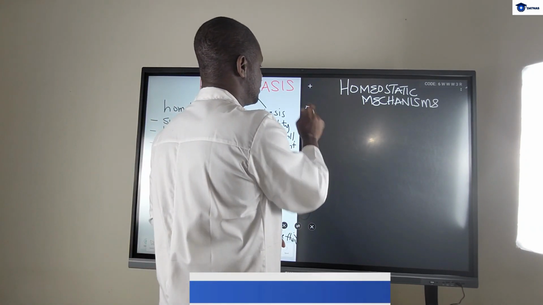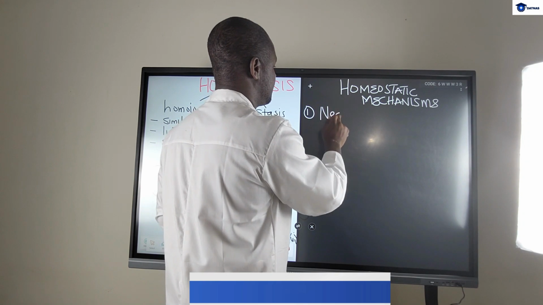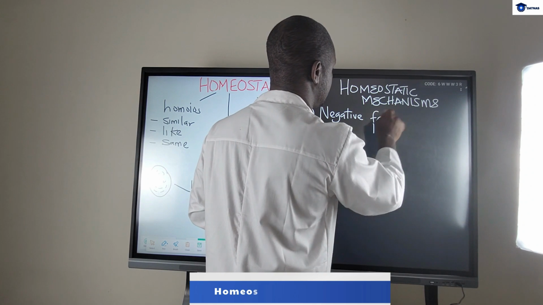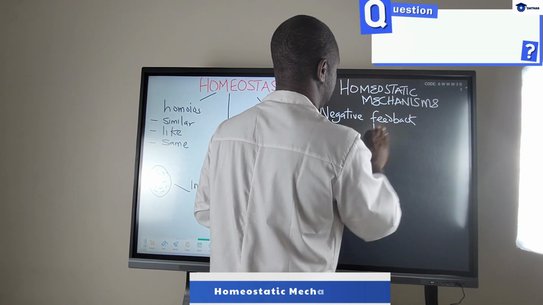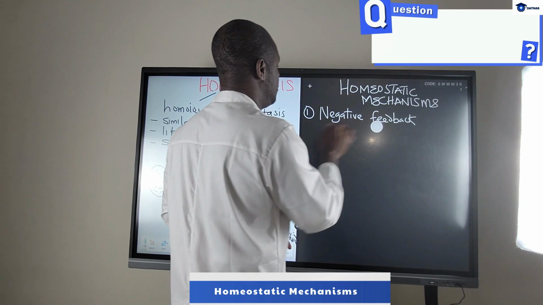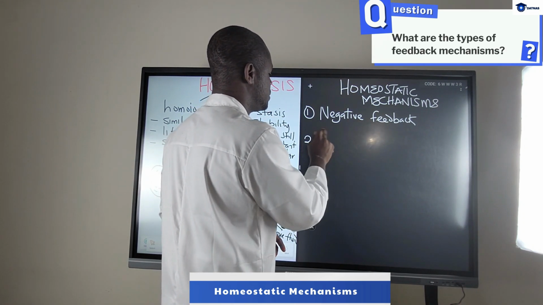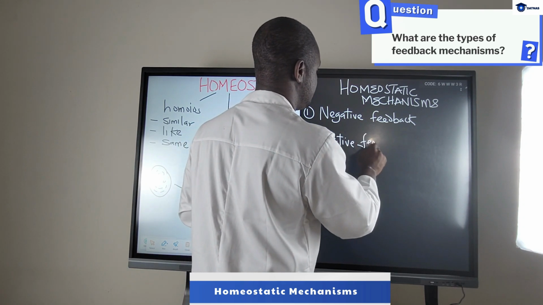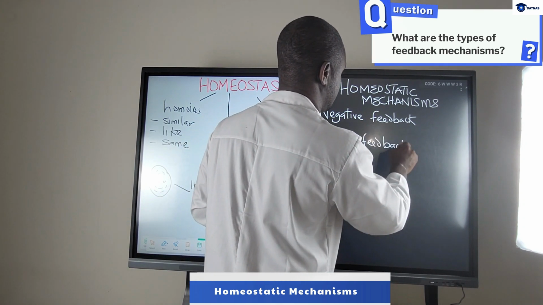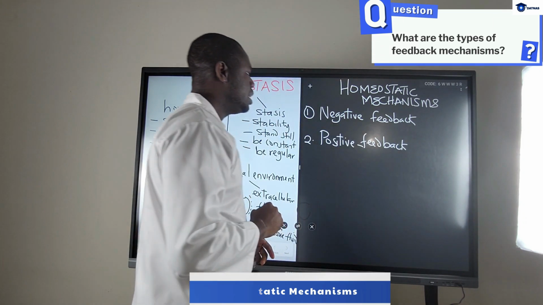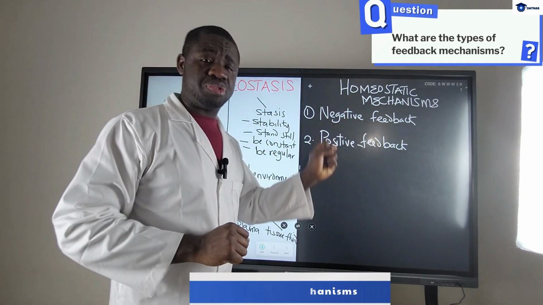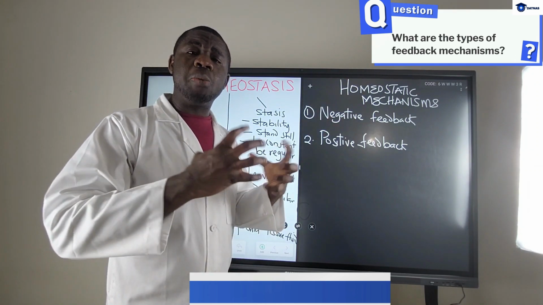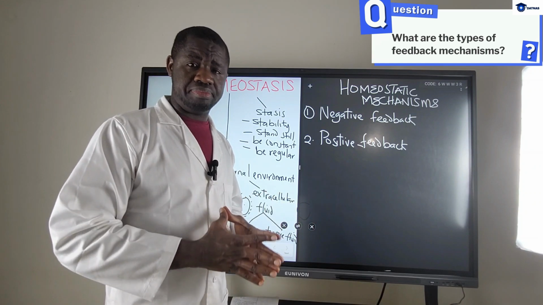We have negative feedback mechanisms and we have positive feedback mechanisms. These are the two types of homeostatic mechanisms that operate within the body.